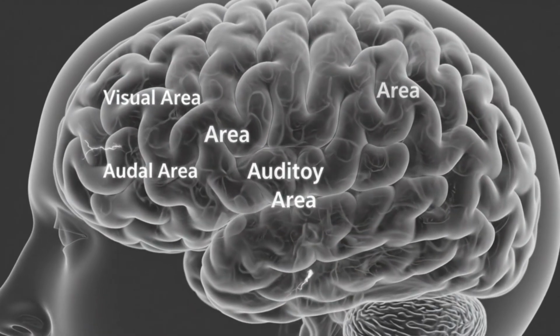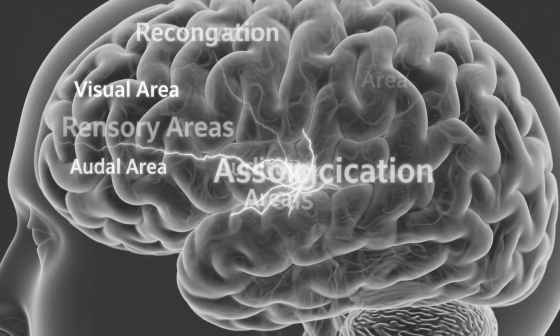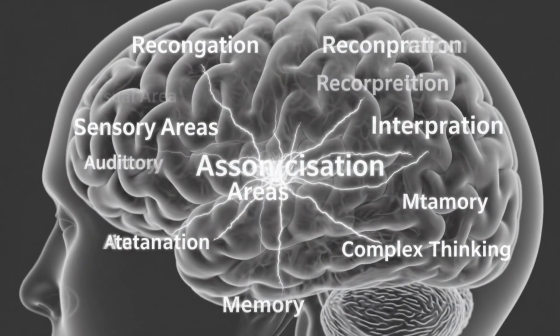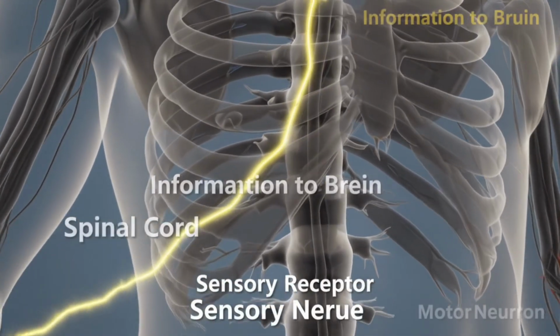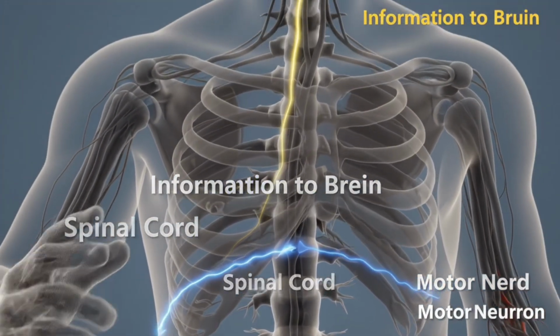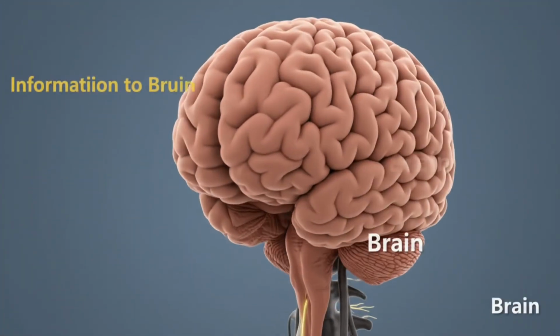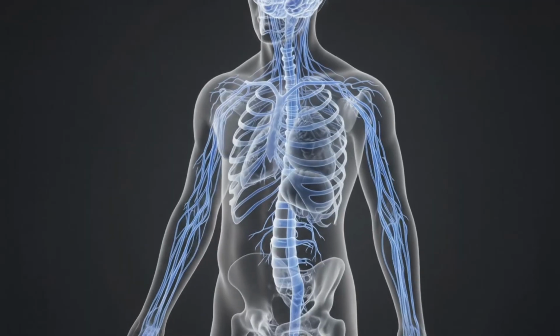Sensory signals from vision, hearing, and touch converge in the brain's association areas. These networks enable recognition. The sensory receptor detects a sudden stimulus. The signal travels through the sensory nerve to the spinal cord.